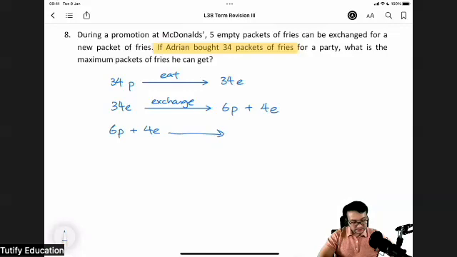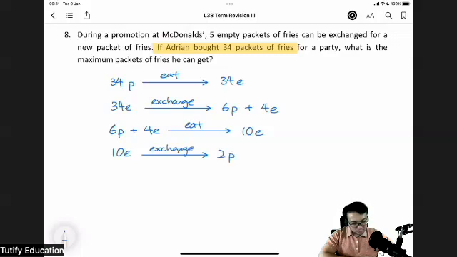You go ahead and eat the fries. You eat all the fries. How many empty packets will you have left? 10. So you take your 10 empty packets, you go and exchange them at McDonald's. You could get 2 more new packets.